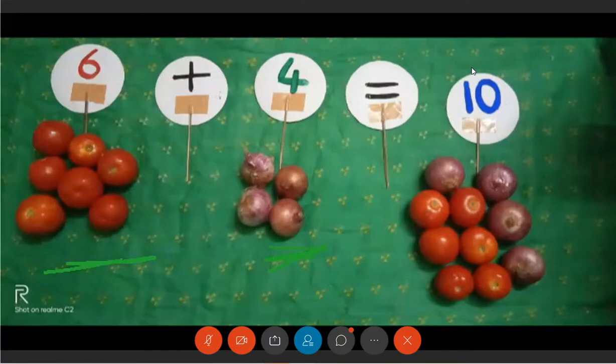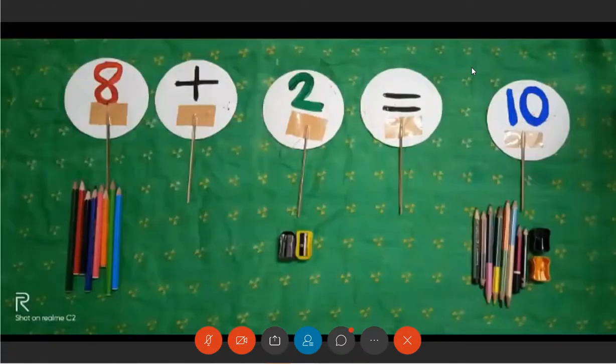So it makes a total of 10. Yes, we made 10. So like this, any 2 objects you select, take the photo and send it in your group. Okay. One more example I am going to show. Any 2 objects you can take and send it in the group.